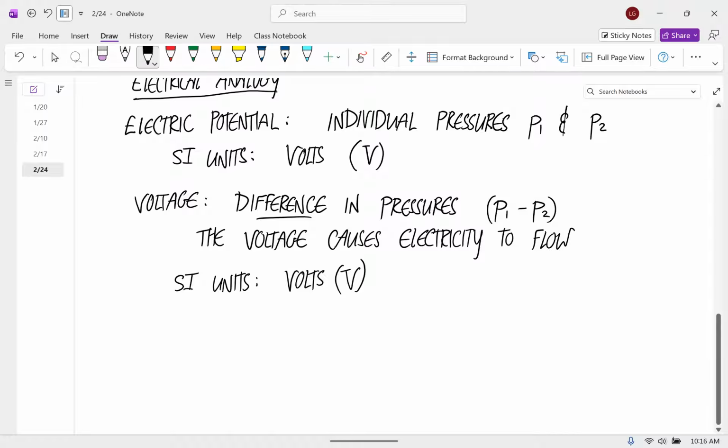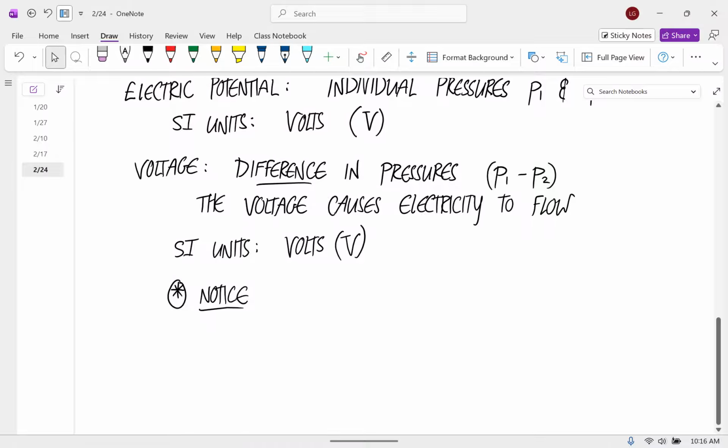And one thing I want you to notice about voltage is voltage is always measured between 2 points in your circuit. So you always have to know what 2 points you're referring to. You can't like look at a circuit and say, what's the voltage? You can only say, okay, I want the voltage between this wire and this spot on this wire. Okay?